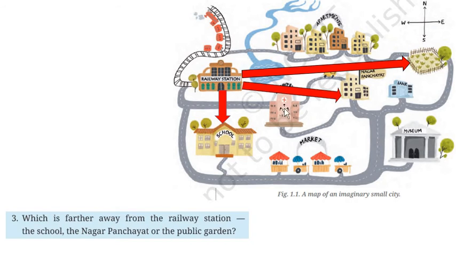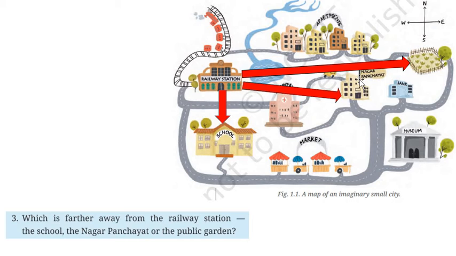The school, the Nagar Panchayat, or the public garden? Now here we have asked about the farthest distance. See, the distance I have covered here in a way through arrows. You can clearly see that this is the shortest arrow. So in a way the school is the closest to the railway station and the farthest one is the public garden.